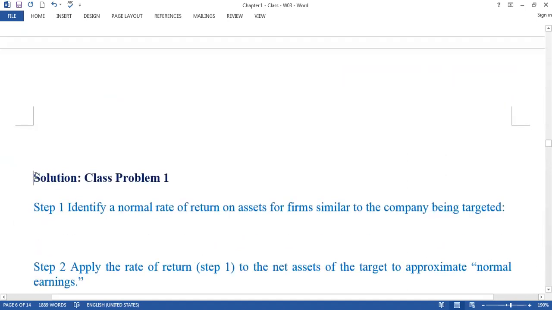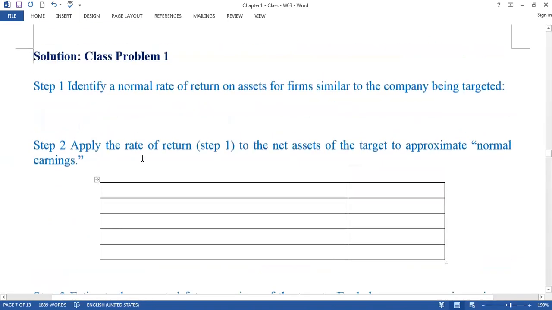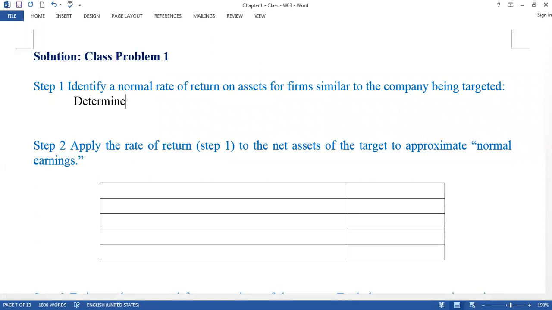Now I can go through step by step and you can solve with me so that we can easily understand every step. So you remember that the first step is to determine ROA, right? It is given, 14%, no problem.